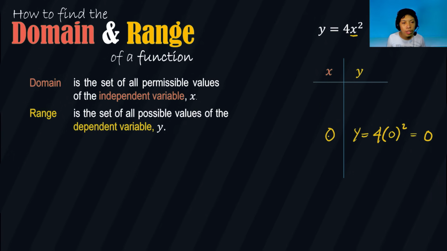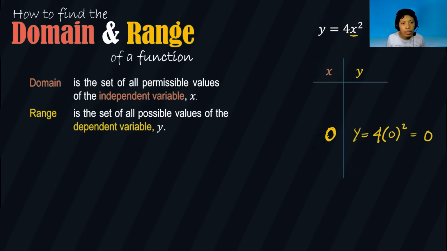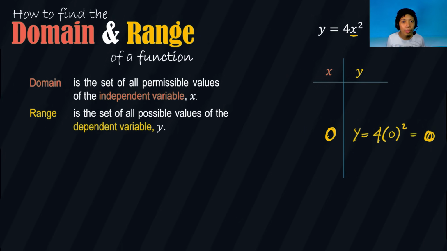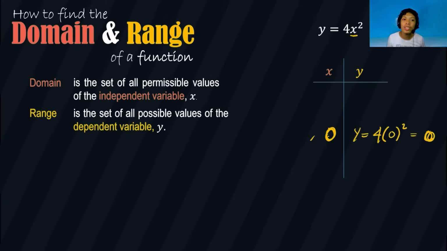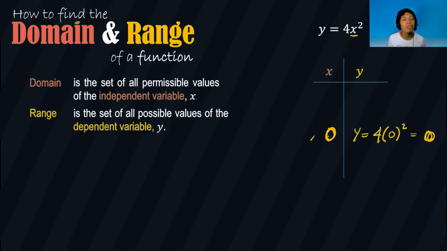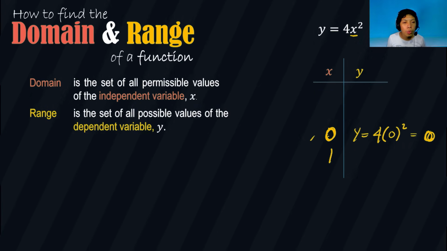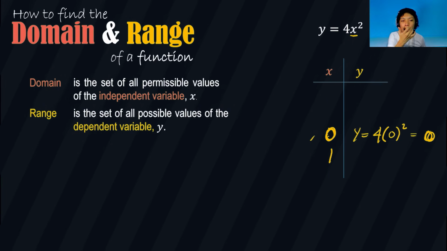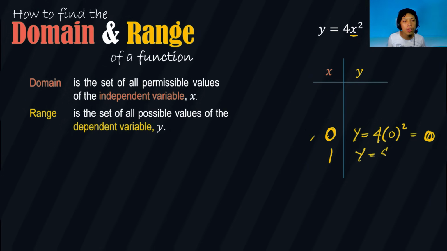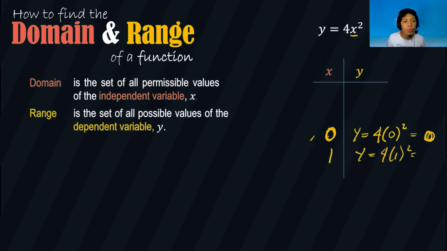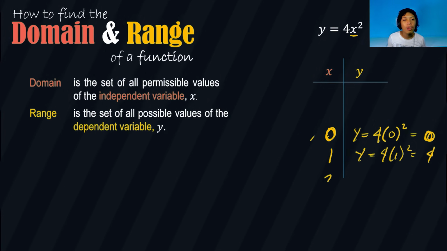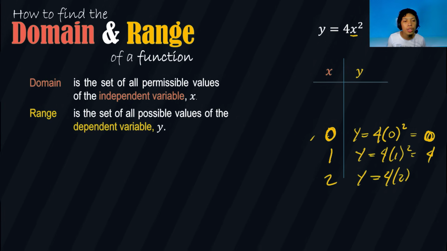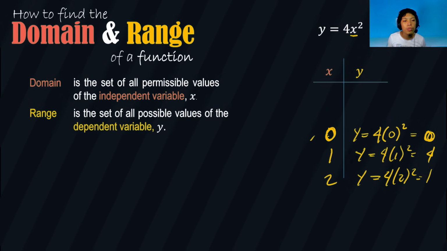So let's evaluate. 0 is a real number and it produced another real number. Therefore, 0 is a permissible value. How about 1? When x is 1, the value of y is 4 times 1 squared, which is 4. How about 2? When x is 2, the value of y is 4 times 2 squared, 4 times 4 is 16.